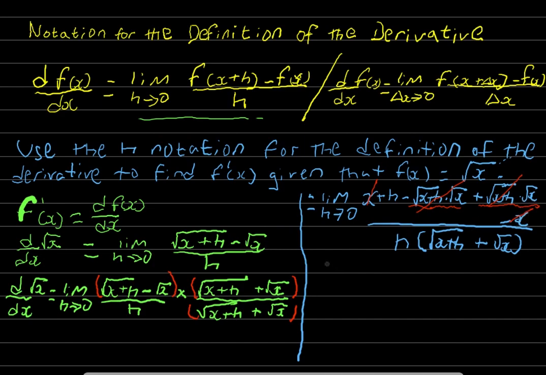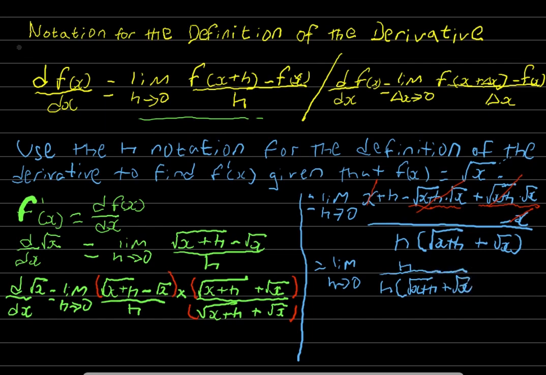So we are just left with the limit as h tends to 0 of h all over h times (square root of x plus h plus square root of x).